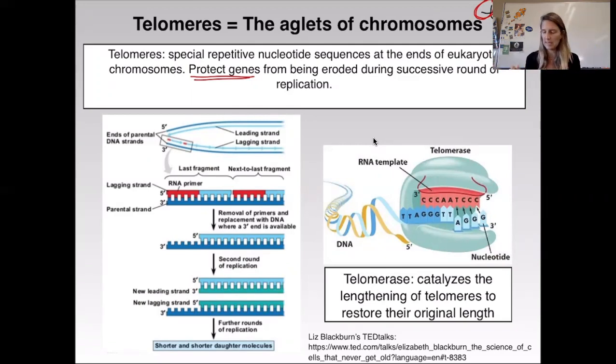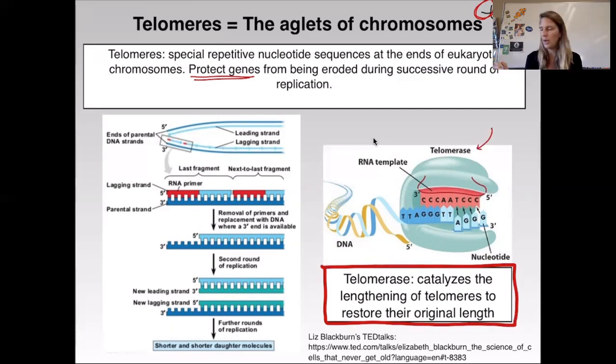And I'm not going to go into the details of telomeres, but there's this awesome enzyme called telomerase, which catalyzes the lengthening of telomeres to restore their length every single round of replication. And there's this badass lady that I used to know at UCSF named Elizabeth Blackburn, who discovered telomerase.